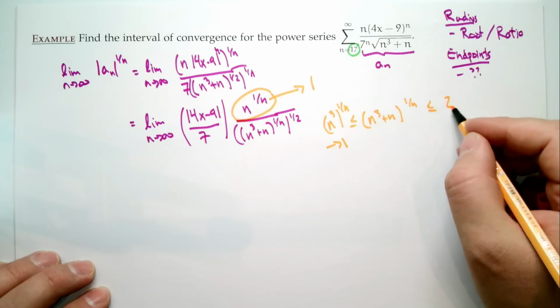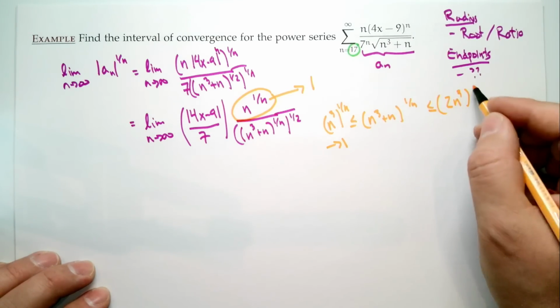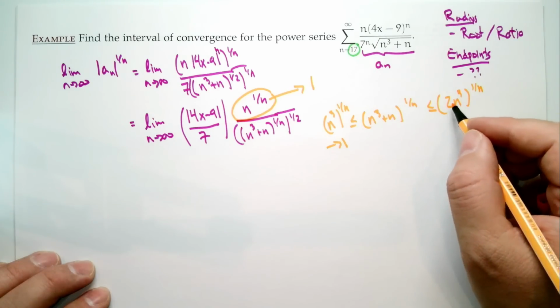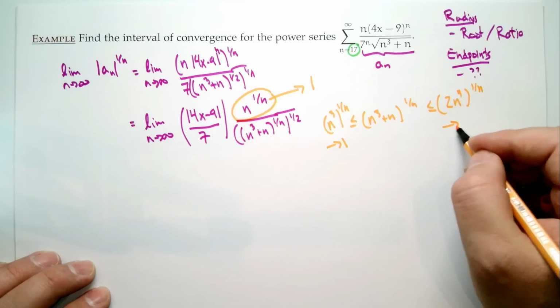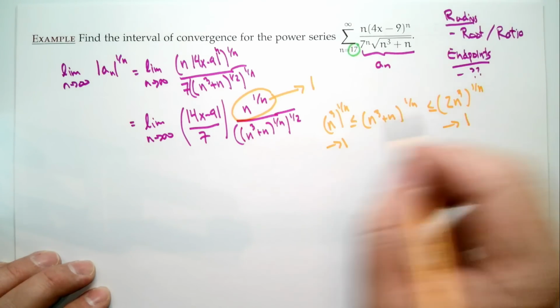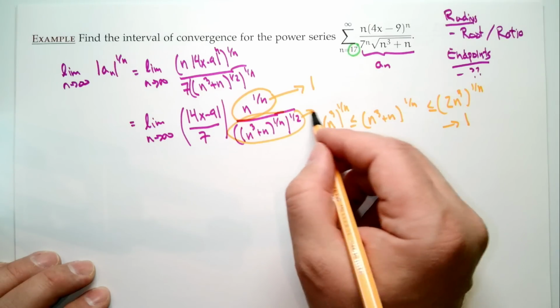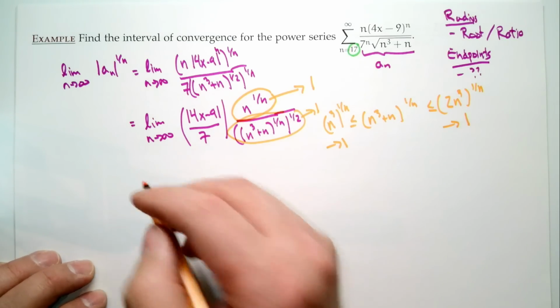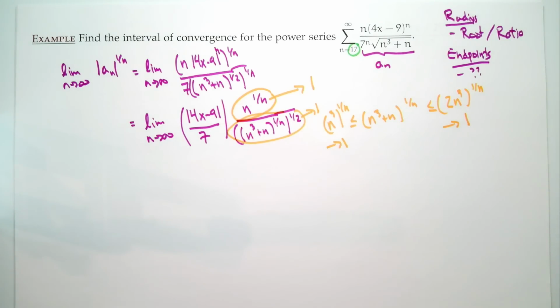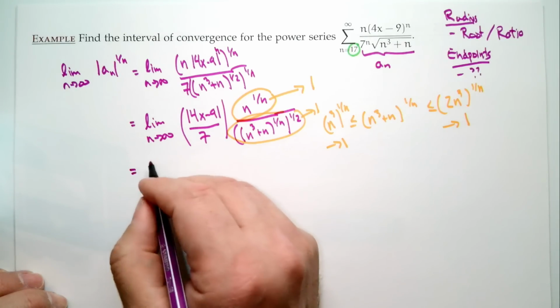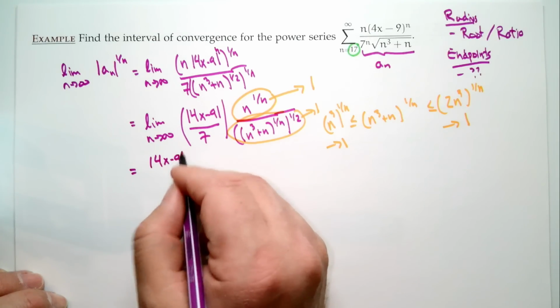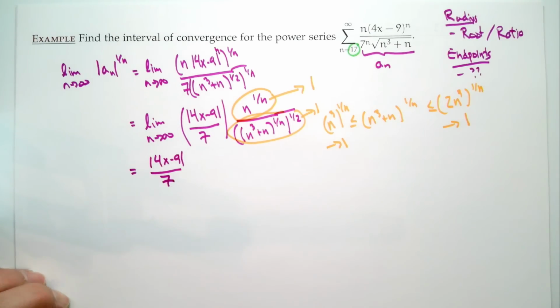Well, it's smaller than 2 n cubed to the 1 over n. But now, 2 to the 1 over n is also going to be going to 1, and n cubed to the 1 over n still goes to 1, so it also goes to 1. So yes, this does go to 1 as well, which means that at the end of the process, what's our limit? This is the absolute value of 4x minus 9 over 7.